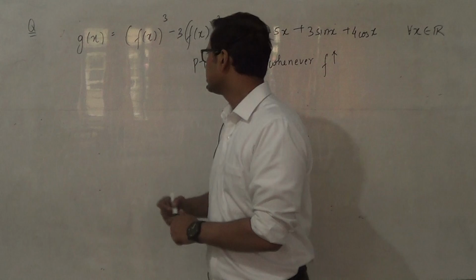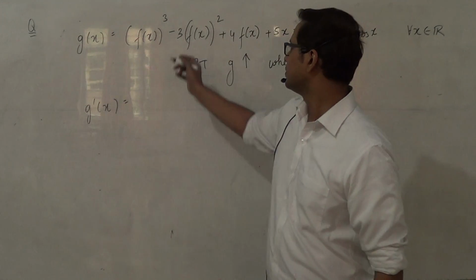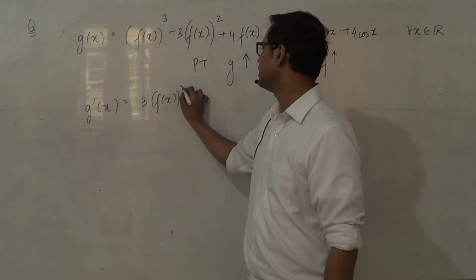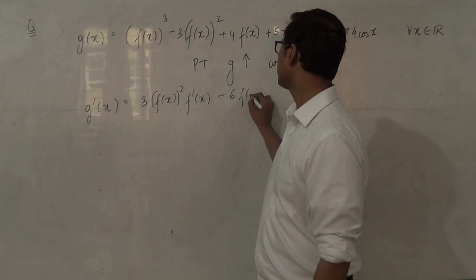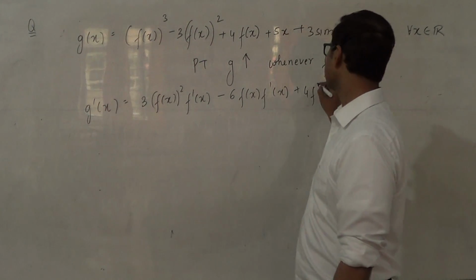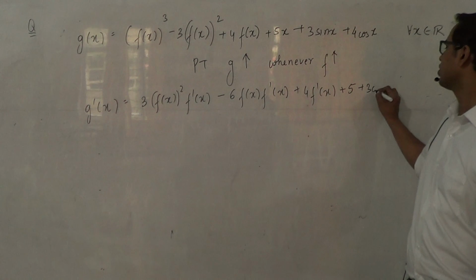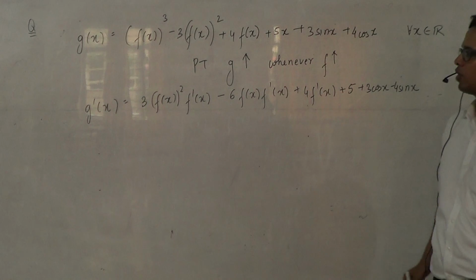Alright, so let's differentiate this first. g dash x. Let's apply chain rule here. So 3f of x whole square into f dash x, here I will have 6f of x f dash x, here I will have 4f dash x plus 5 plus 3 cos x minus 4 sin x.